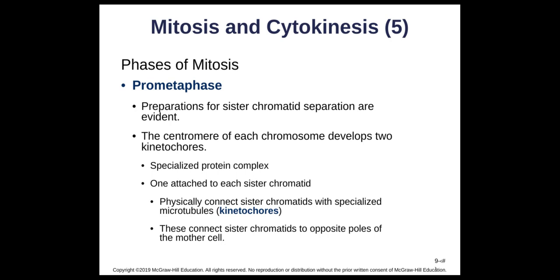The centromere in each chromosome is going to have its kinetochores, which are these proteins, and we're physically still connected with our sister chromatids. At those kinetochores, we're attaching our spindle fibers. Those spindle fibers are then connected to the centrioles that have spread apart to opposite ends of the cell.